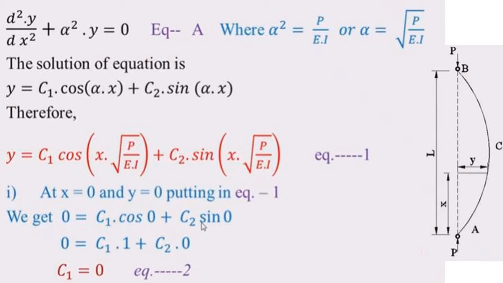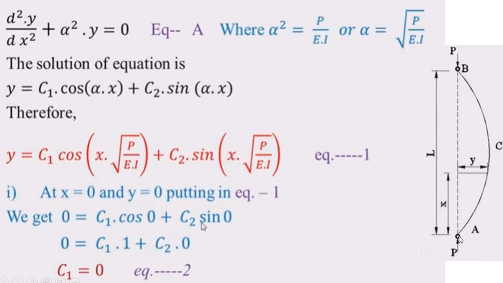Now we have two end conditions here. From the figure you can see that at point A the value of x is 0, and the corresponding value for y is also 0.